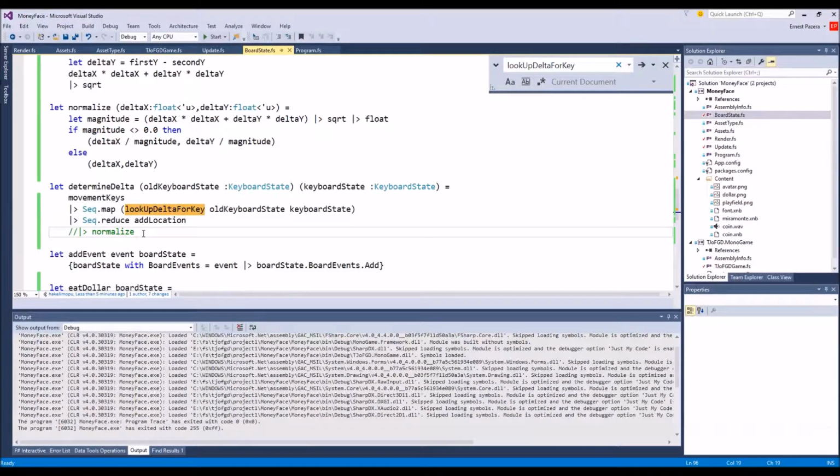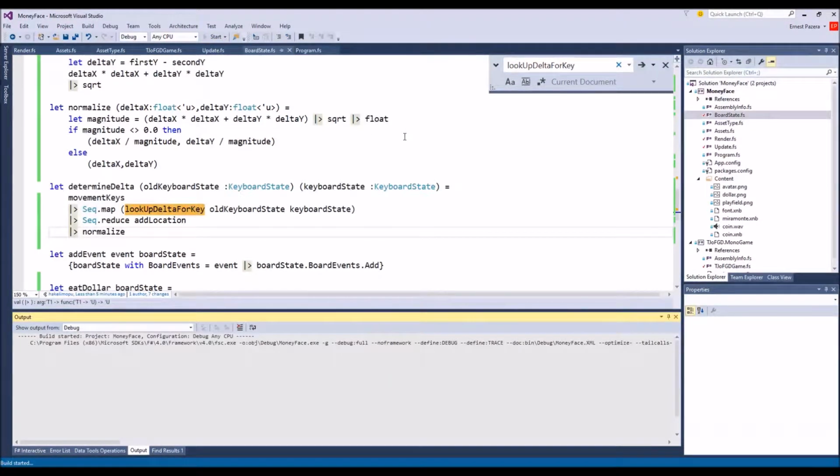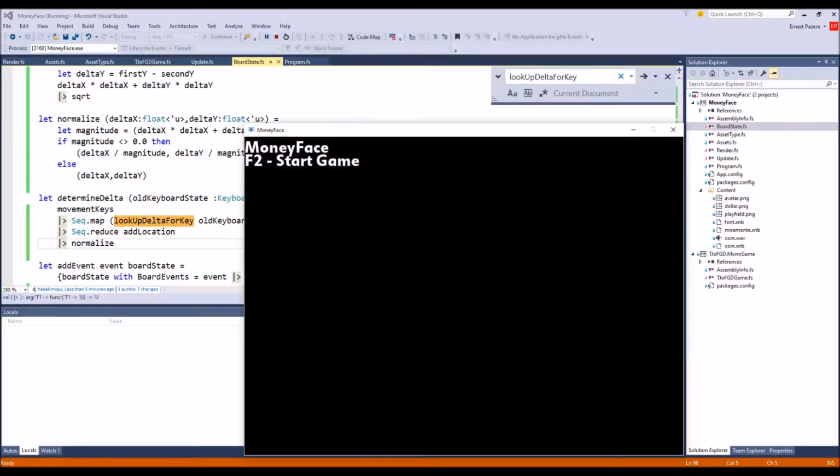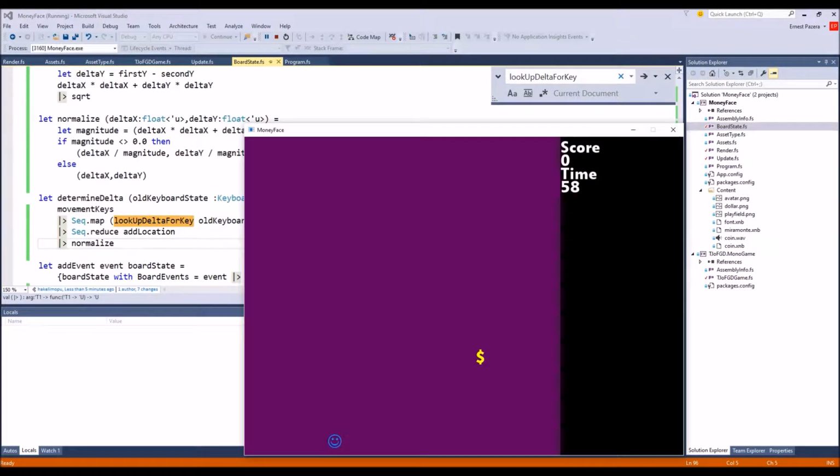Because that's really what I want. But why, when I'm normalizing, do I slow it down? There's something weird happening here. He's just crawling. So how am I?